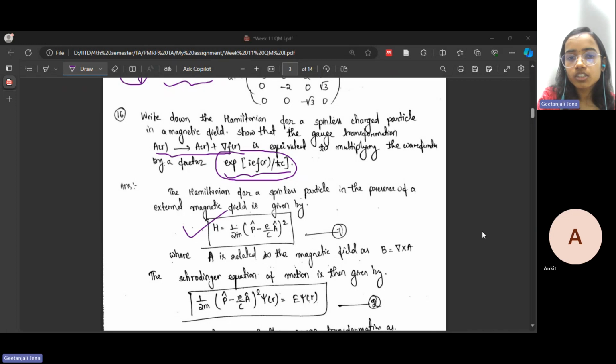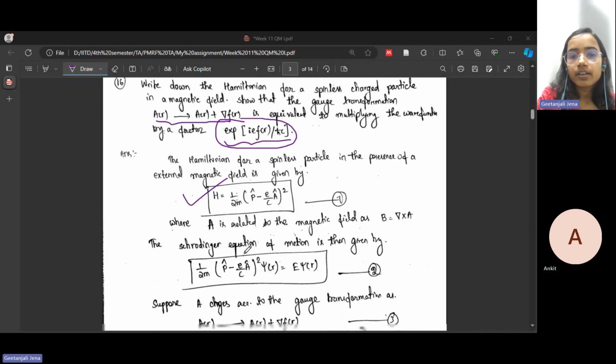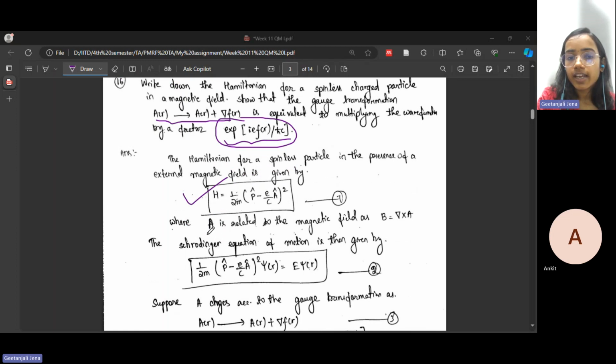So this is the Hamiltonian for a spinless particle in the presence of an external magnetic field. This formula you have to remember. And the A here is related to the magnetic field B. You can get the magnetic field B from A, that is B equal to curl of A.